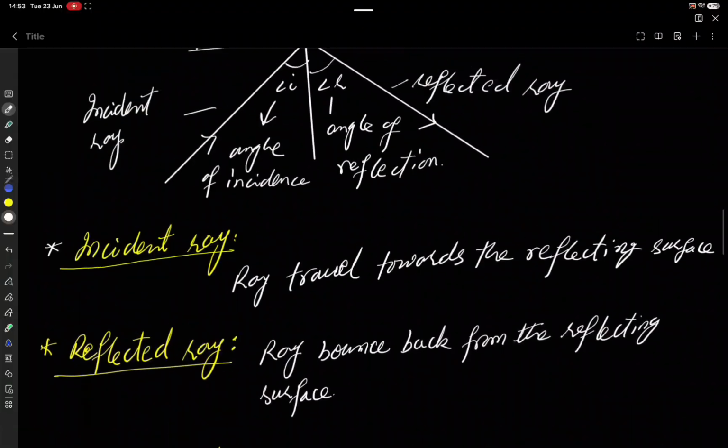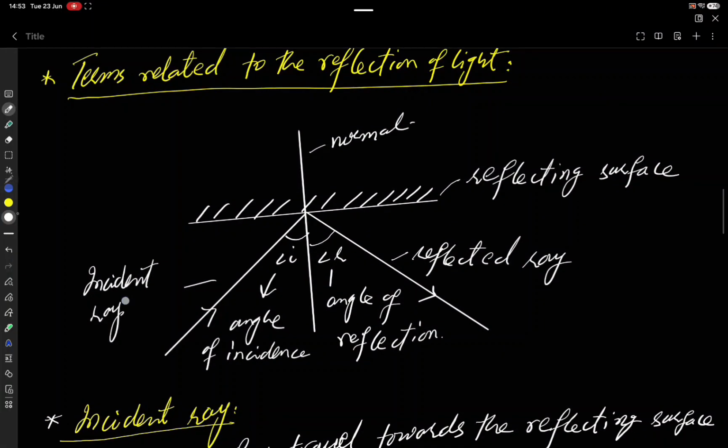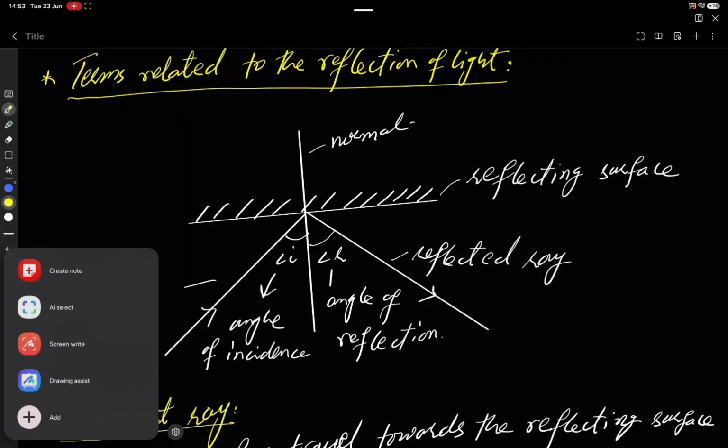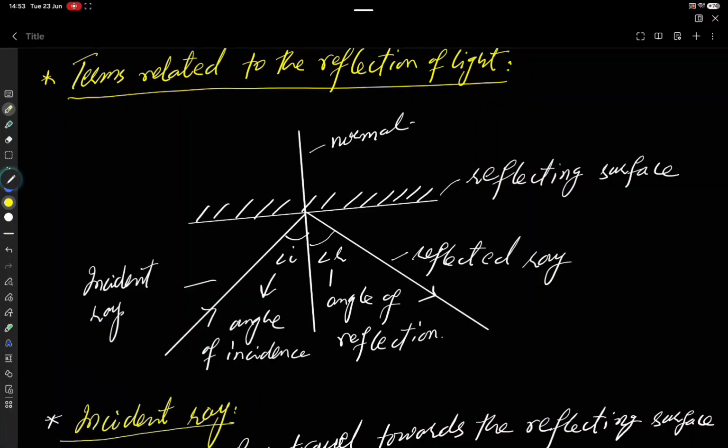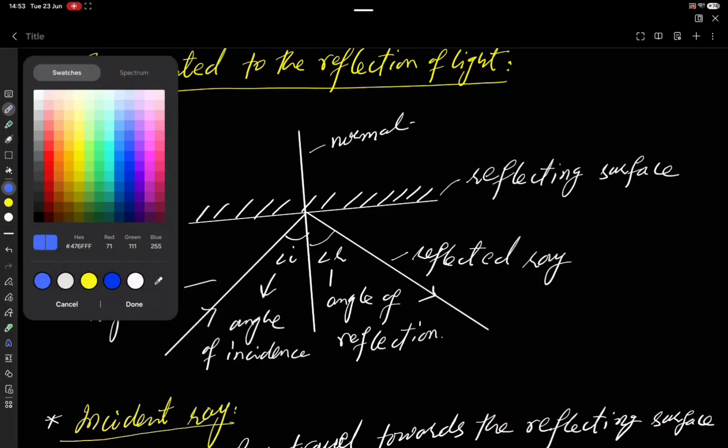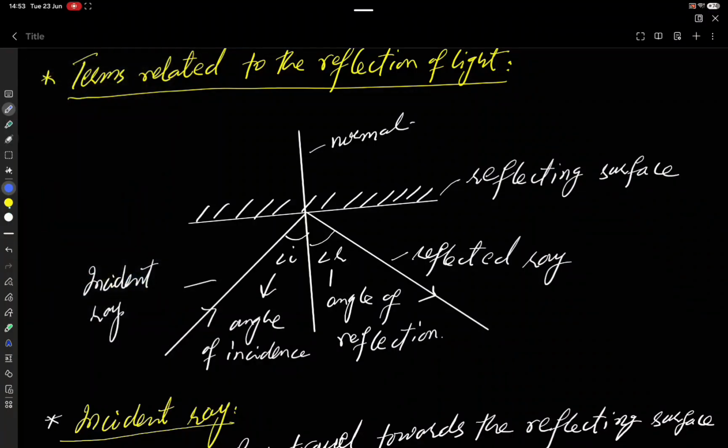So on the diagram, this is my point of incidence. This is the point of incidence.